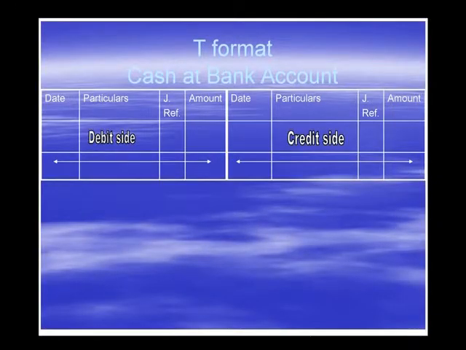But here this is a sample and you have seen this account for the first time, therefore I use the complete title, cash at bank account. But in all the ledger accounts, writing "account" all the time is meaningless. So in future, we don't use the term account for each and every account. We just write cash at bank. When you write cash at bank, everybody knows it is cash at bank account.